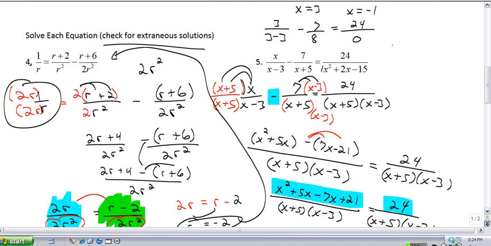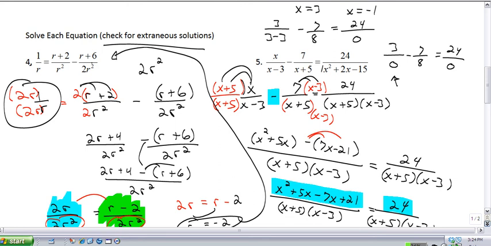Okay, so you're telling me that 3 over 0 minus 7/8 equals 24 over 0. No way, you can't divide by 0. 3 divided by 0 is undefined. So I can't verify that undefined take away 7/8 is equal to undefined. So 3 isn't one of your solutions.